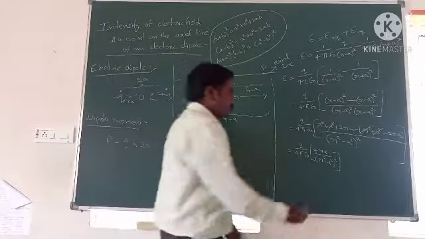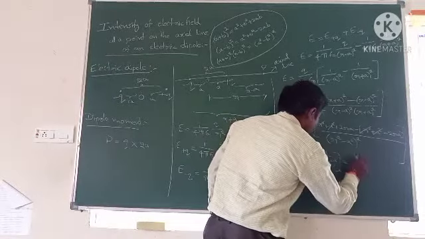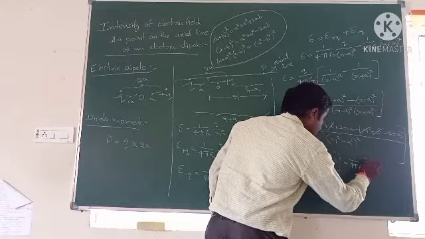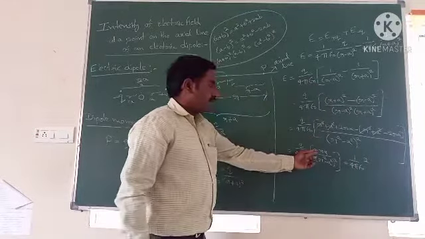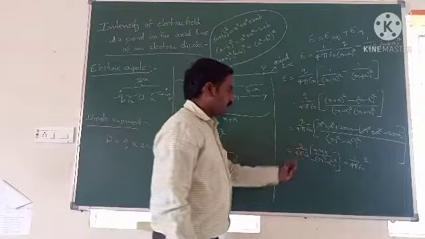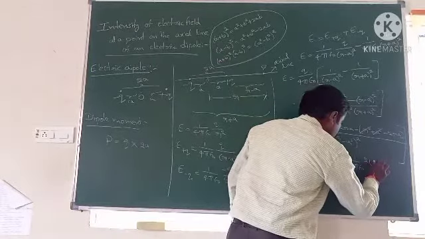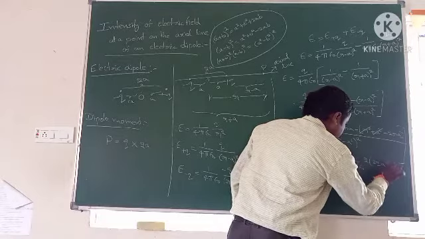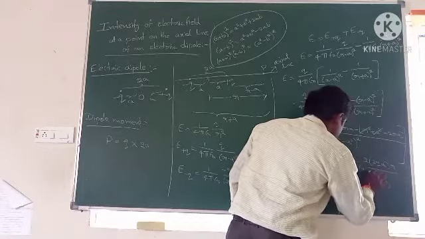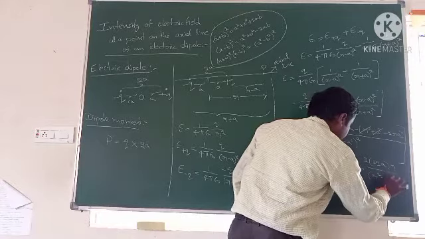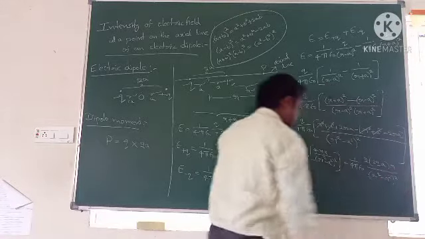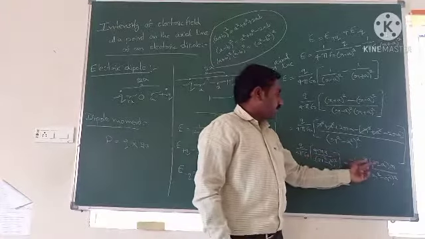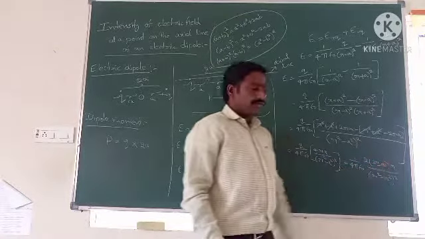Again, this can be written as 1 by 4 pi epsilon naught, 4ra into q, which can be written as 2 into 2qar, divided by (r square minus a square) whole square. Just observe here, 2 into 2 is 4ra.